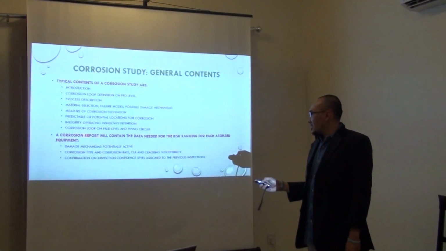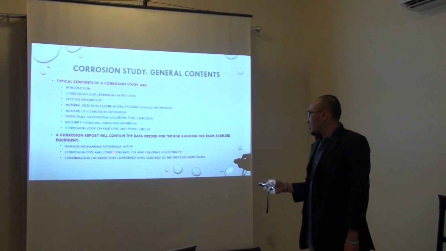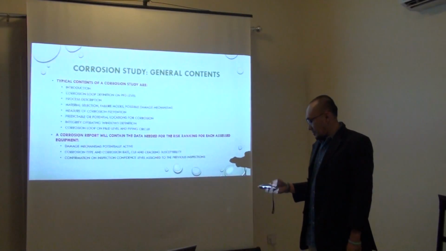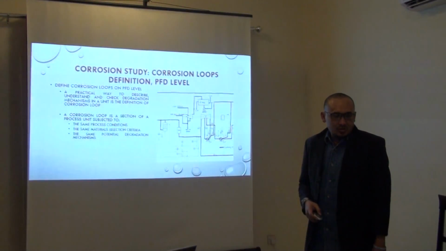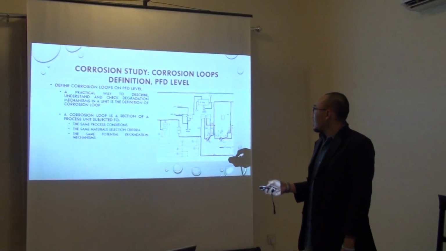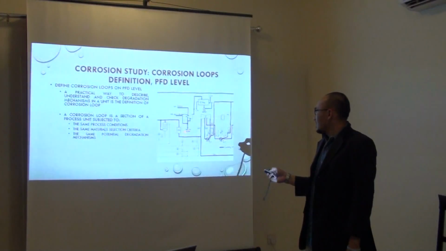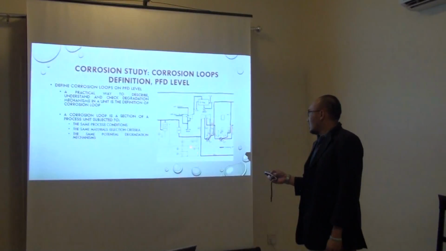And then the corrosion report will contain the damage mechanism, the type of corrosion, including the rate and CUI, and the confirmation of the inspection confidence level. From the corrosion study, we also divide the loop in a PFD. For example, on this drawing, we take one example about the CO2 process.